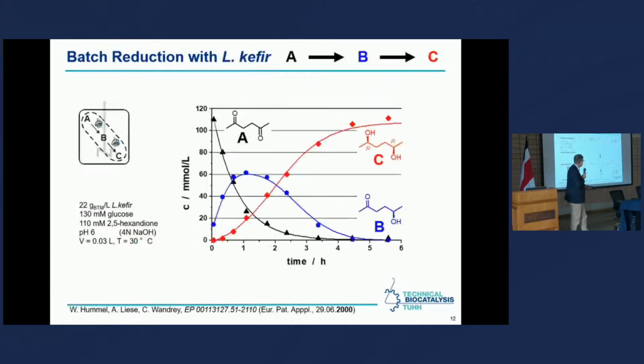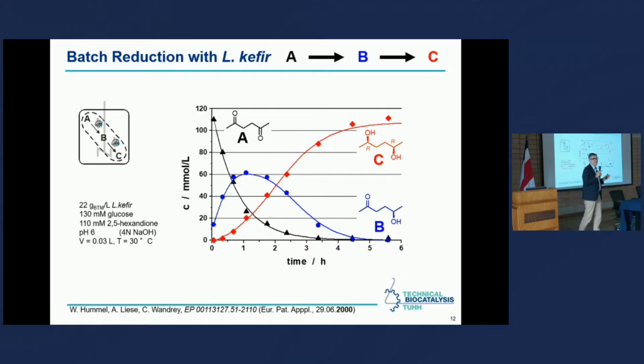We're running a batch reaction. And in this batch reaction, we insert 22 grams per liter of the cells. The cells need some glucose, so we give them 130 millimolar glucose. Then our starting material, it's named hexanedione, and we still maintain pH constant at 6.